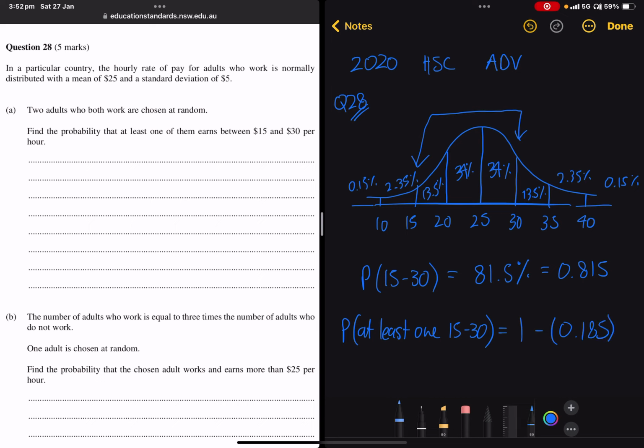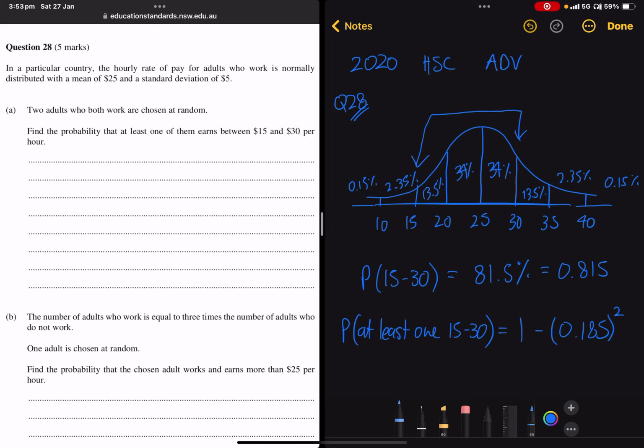Because if there's a probability of 0.815 that they do earn between that, then 1 minus that, 0.185, gives you the probability they don't. You need two lots of that, so the chance that both of them don't earn that is 0.185 squared. All probabilities minus that is at least one of them earning between 15 and 30.